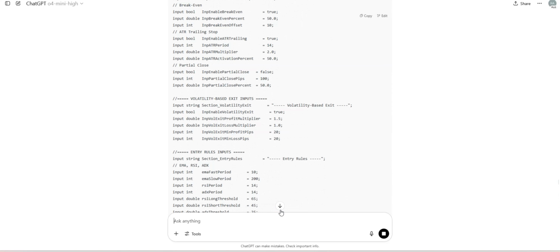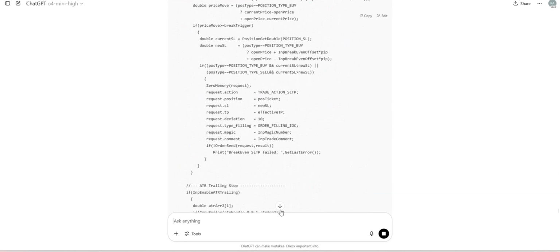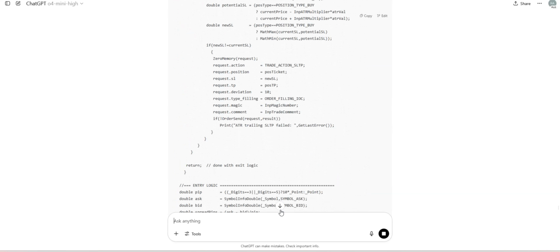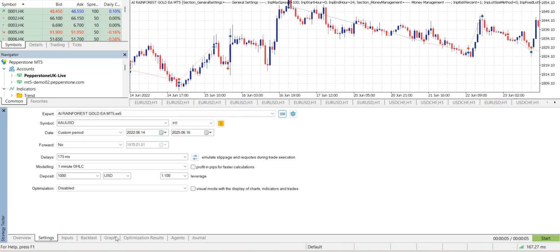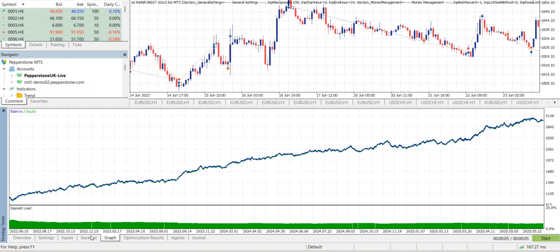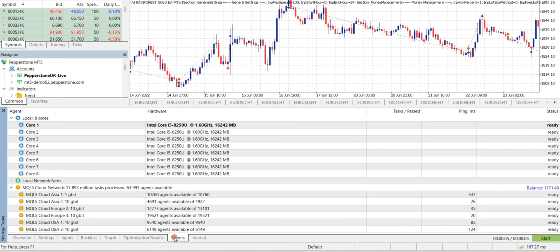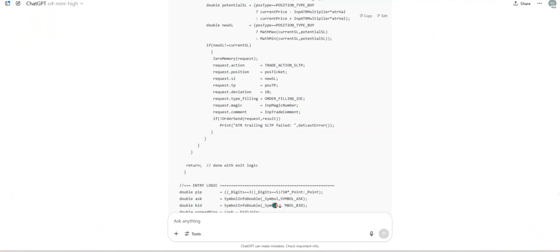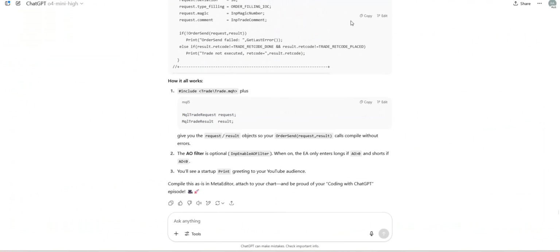So we are going to see. I hope it is now going to give us the full code. Maybe, just maybe, we are going to get lucky. And then we are going to do a test, which is pretty simple. Maybe some optimization. Let's see what we have here. Okay, we have some money in the account, so we can do some optimization as well.